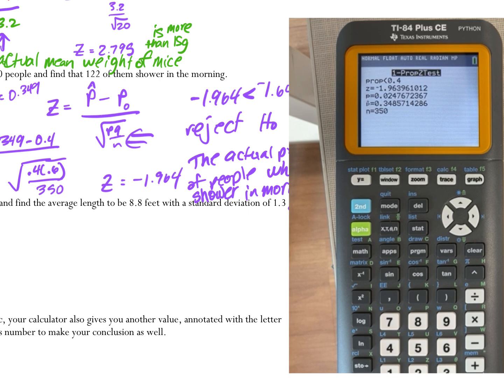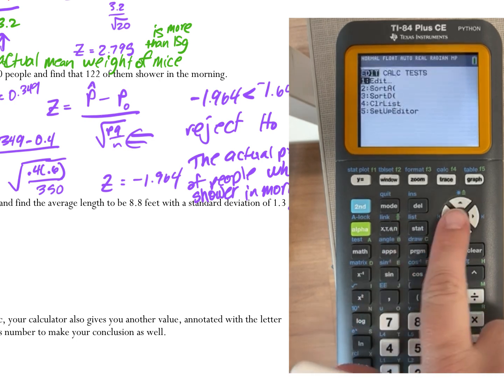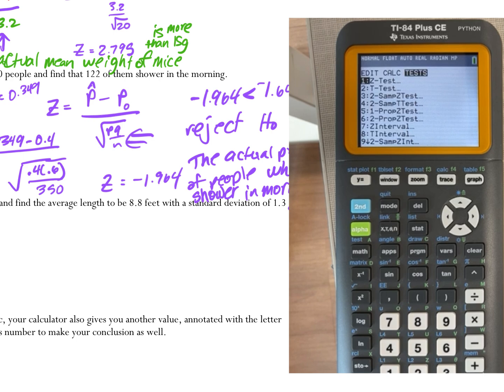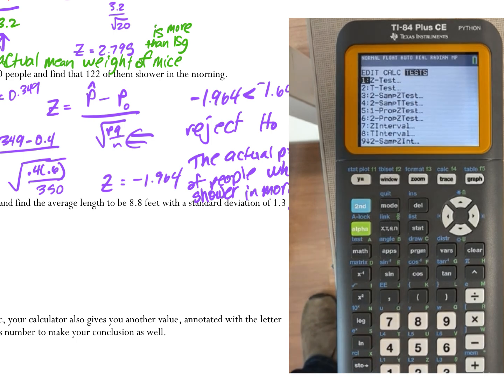You hit stat, arrow so that tests is highlighted. And it's everything in this unit, and frankly, pretty much the rest of the year, with one exception, I think, will be either this or using inverse norm or inverse t. Everybody good? Do you see your test statistic?